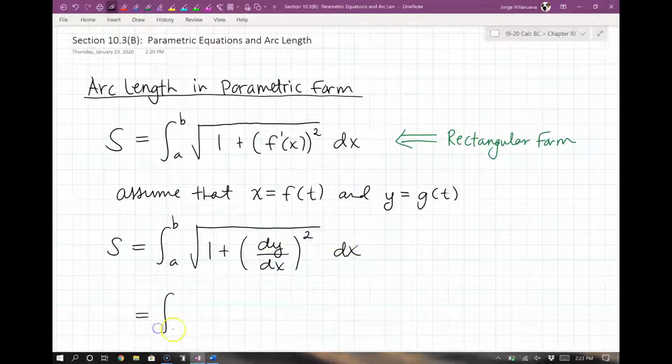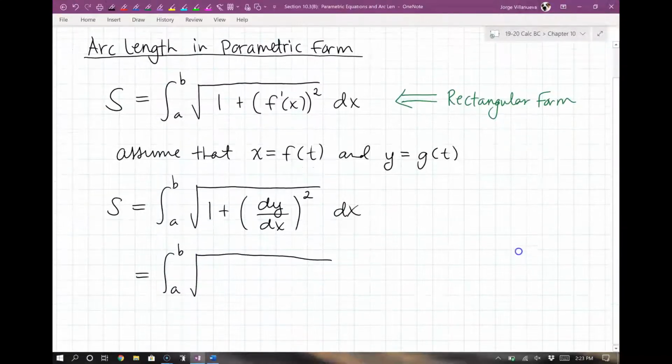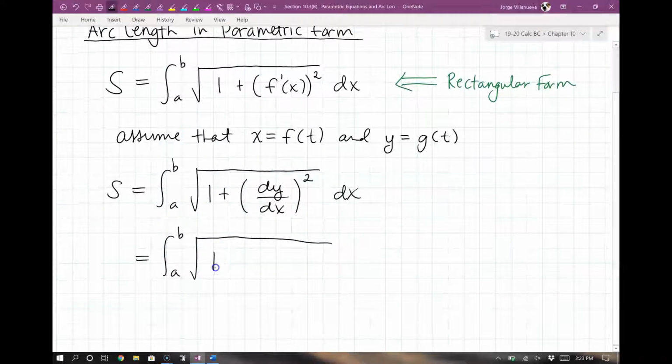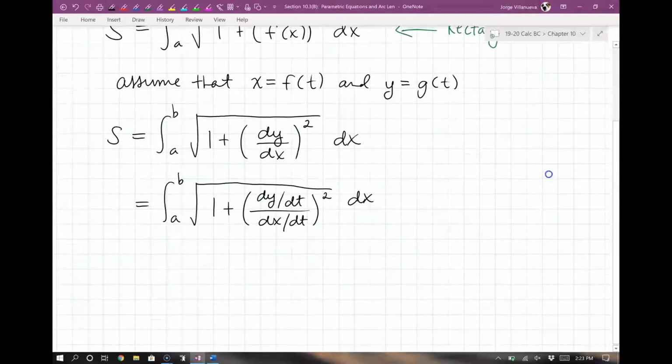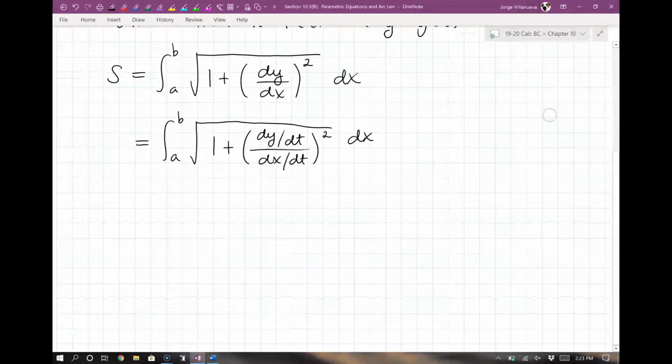But once I do that, I notice that we know how to take the derivative of a parametric equation. So this is going to be dy dt over dx dt quantity squared dx, because that's what dy dx is in parametric form.